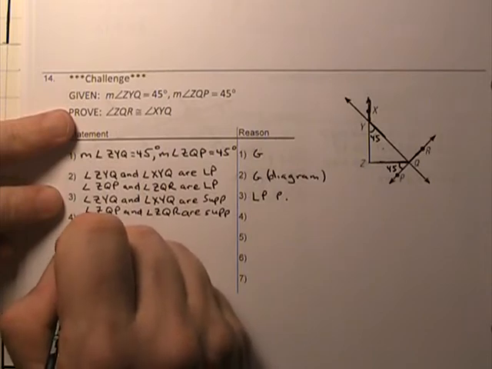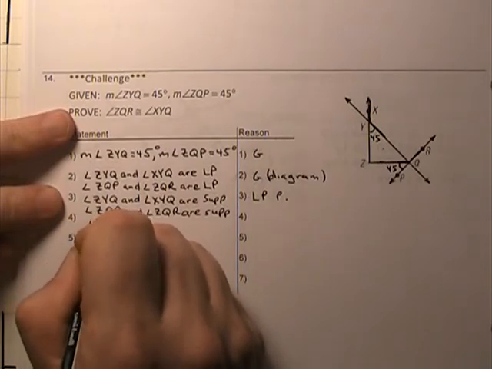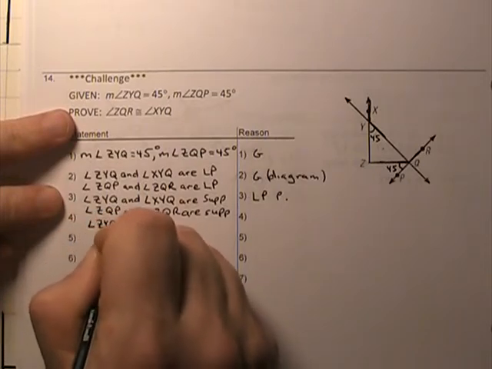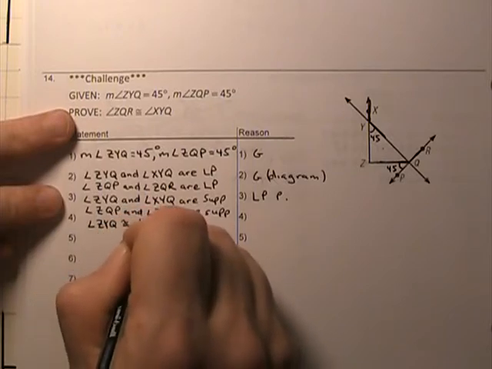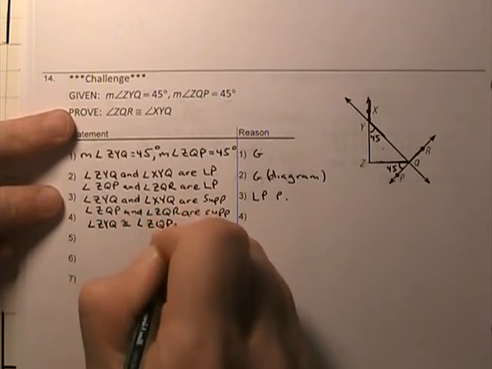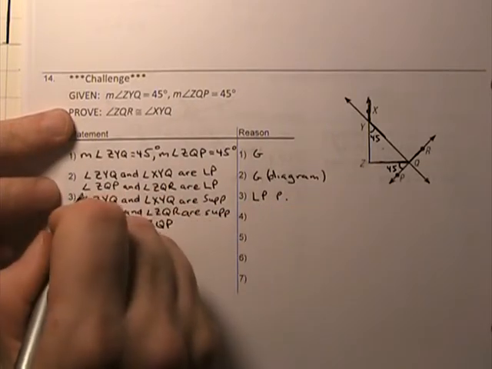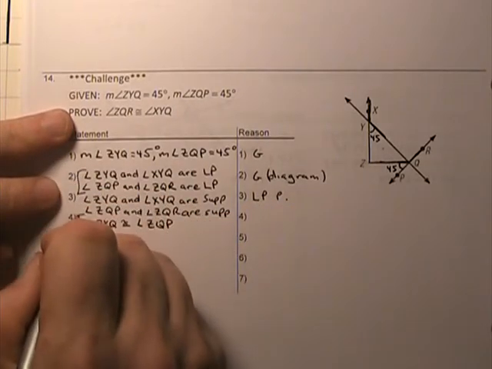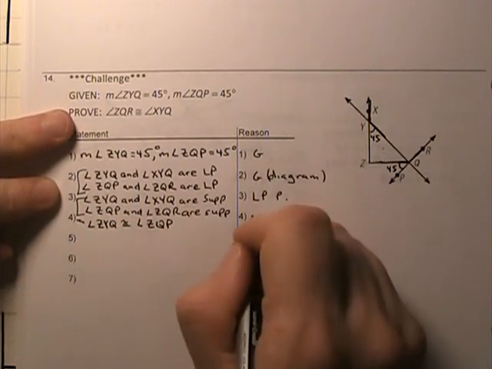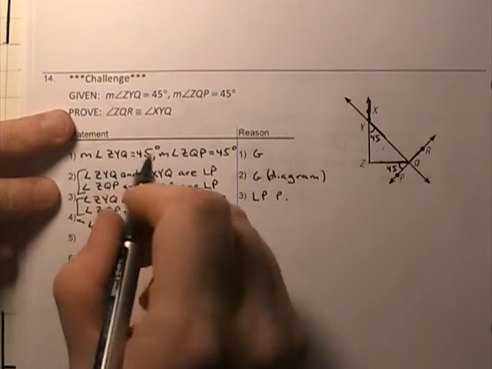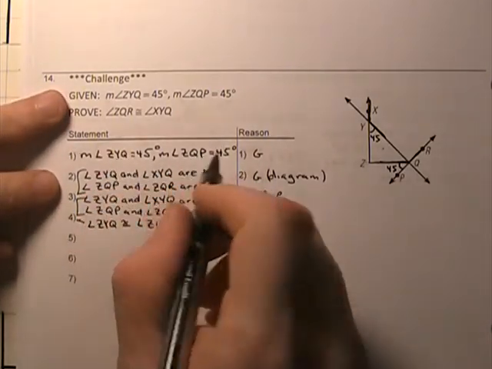So we can say that angle ZYQ is congruent to angle ZQP. And getting a little bit crowded here. So this is step 4. And step 4, the reason we said is because we showed, oh no, I can't show that.